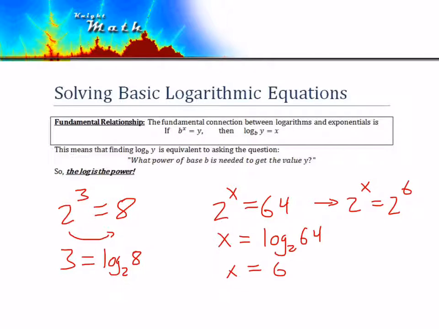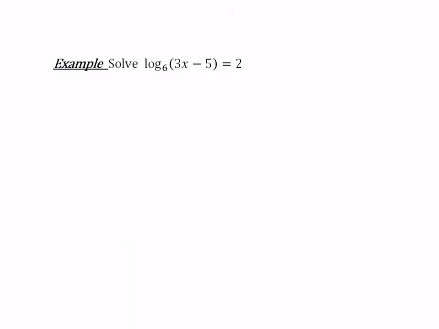Now let's see how we can solve a logarithmic equation using these properties. Here we have a log equation: log base 6 of 3x minus 5 equals 2. Step one is to rewrite this as an exponential. Take that base and swing it around, and this means 6 to the power of 2 is equal to 3x minus 5, just using that equivalence relationship.